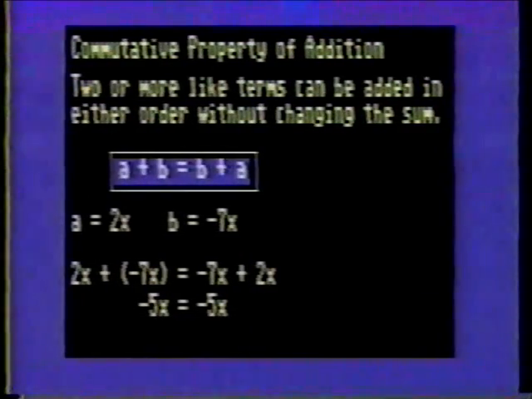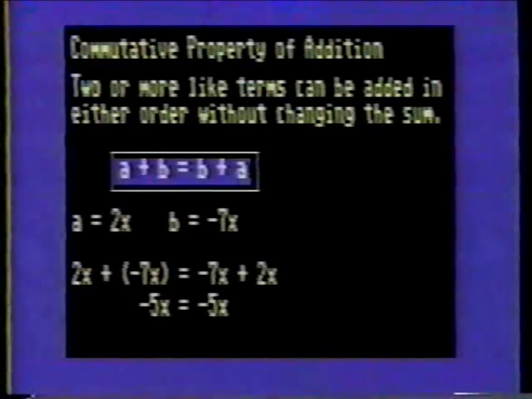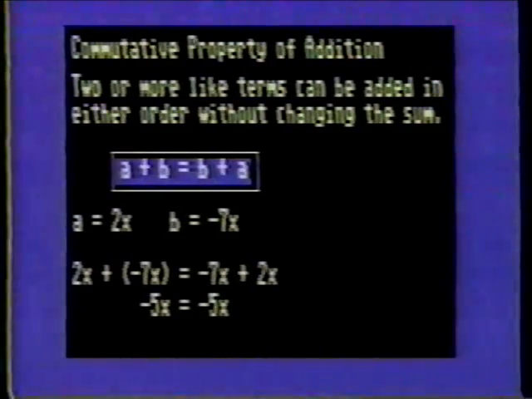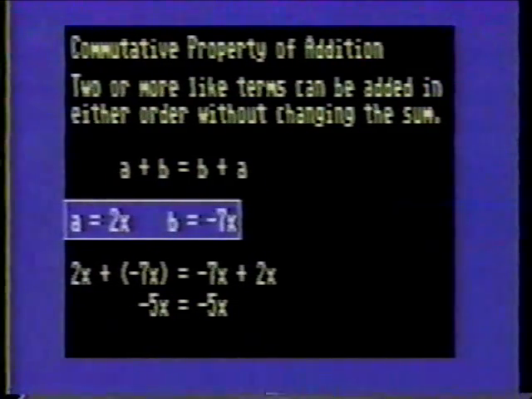Commutative property of addition. 2 or more like terms can be added in either order without changing the sum. As before, values will be assigned to each variable to clarify this property. Let A equal 2x and B equal negative 7x.